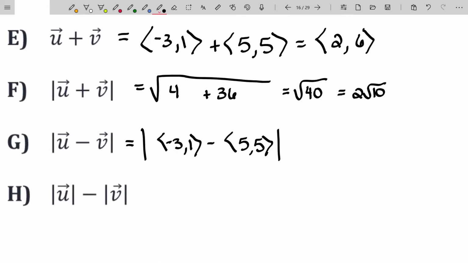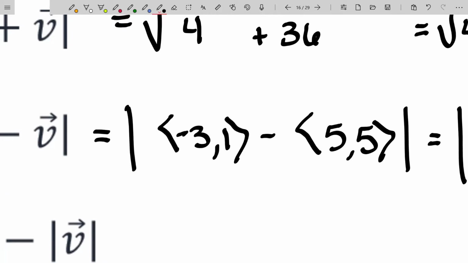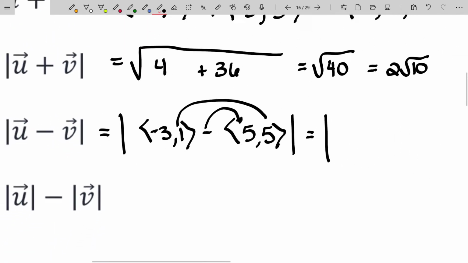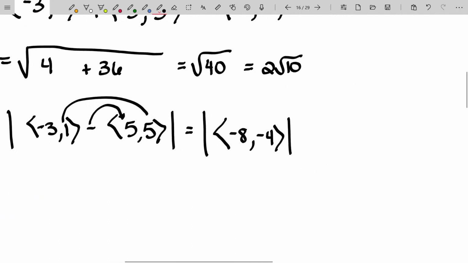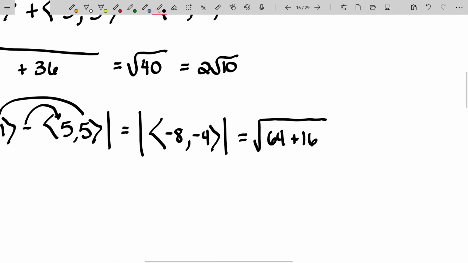Now, we didn't really define subtraction, but subtraction is basically saying negative 3 minus 5 and 1 minus 5. So I hope you guys are at a level you could totally understand that. Negative 3 minus 5, we get a negative 8. 1 minus 5, we get a negative 4. And we want to know the magnitude of that difference. That is going to be the square root of 64 plus 16, or the square root of 80.